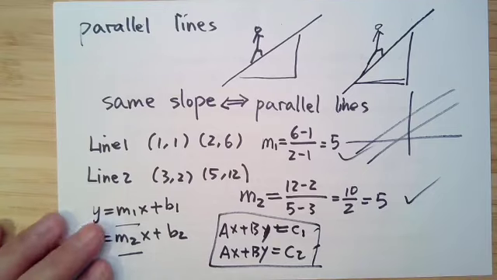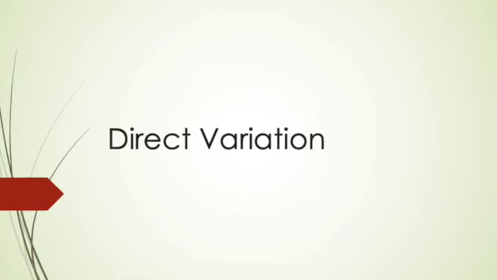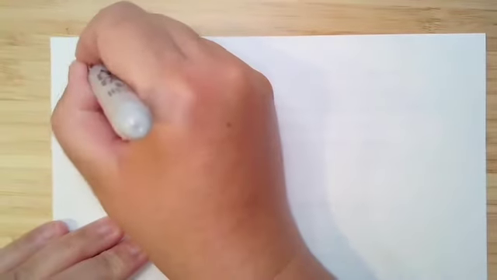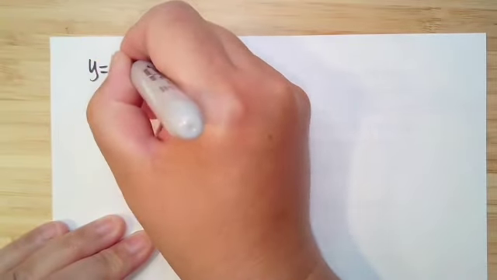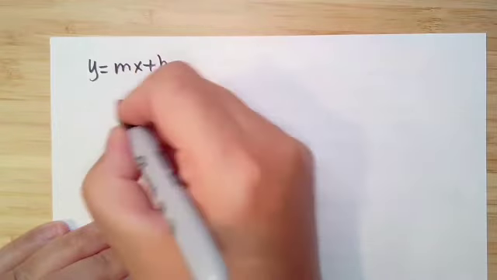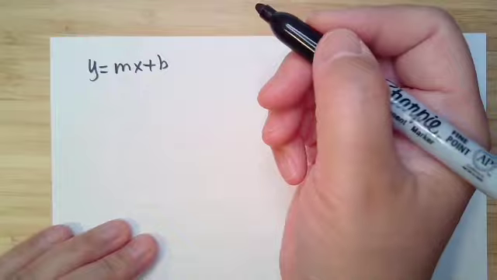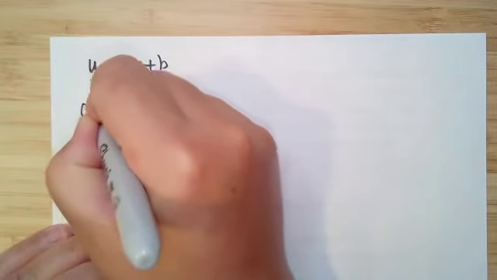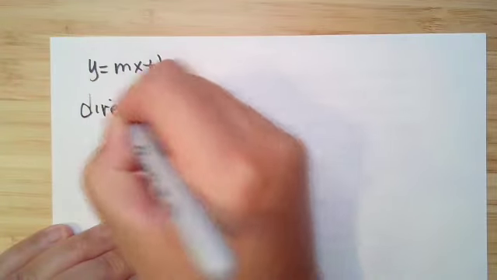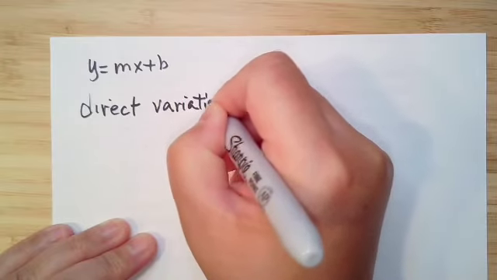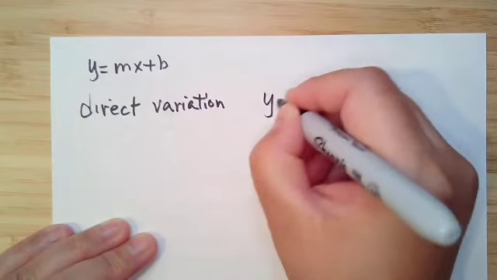The next one is also very special. A very special linear equation is called direct variation, which means we have this form, y equals ax.